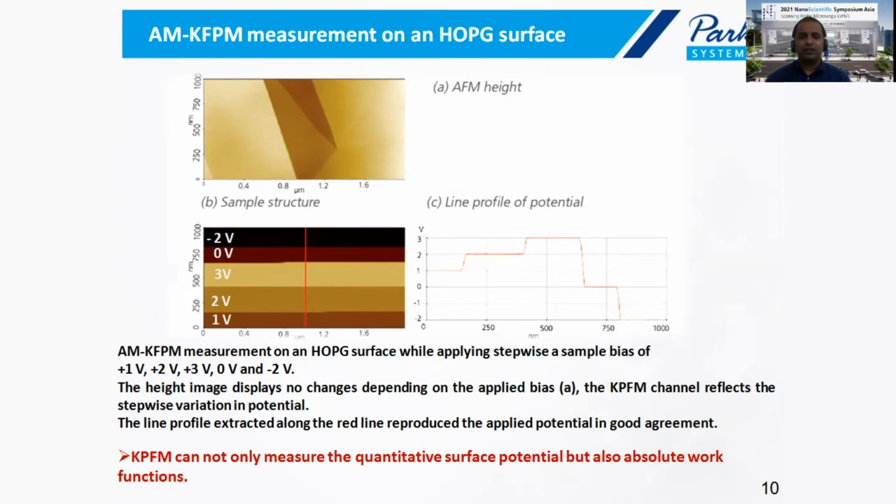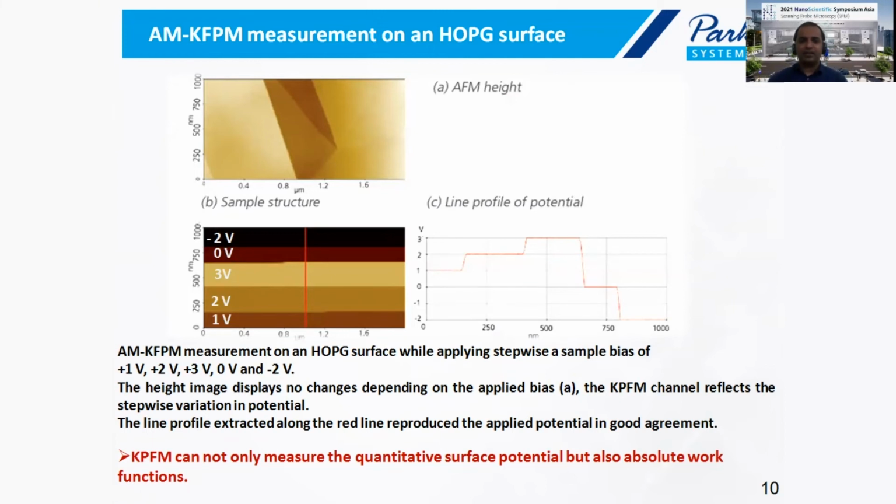The top image is the height image of the HOPG, and the bottom image is the surface potential image of that particular sample. While scanning the HOPG surface, we apply a stepwise sample bias of 1 volt, 2 volt, 3 volt, 0 volt, and -2 volt.